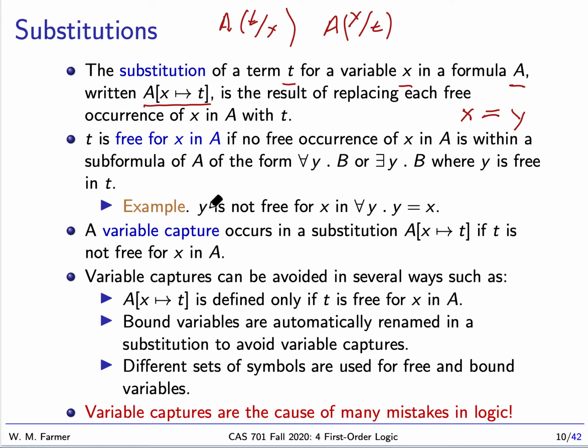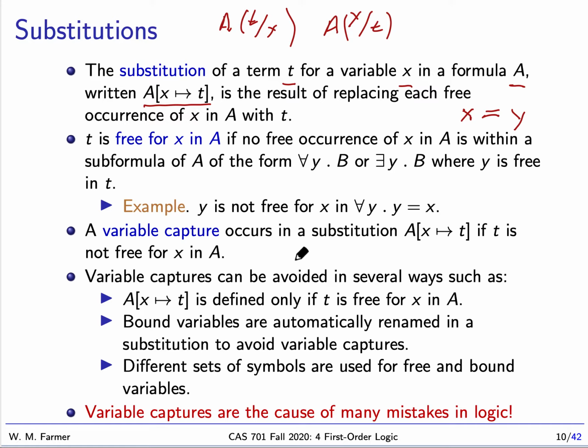Okay, and so here's a simple example. Y is not free for x in this formula, because if I substitute y for x here, it becomes bound by this. Now, we say that a variable capture occurs in a substitution of this form if t is not free for x in A. So if t is free for x in A, we won't have a variable capture.